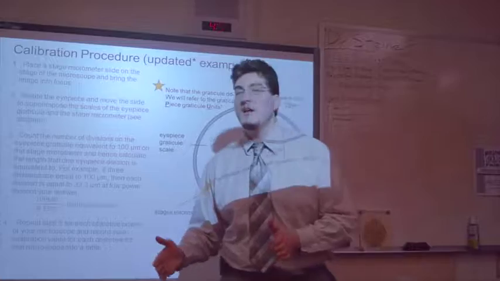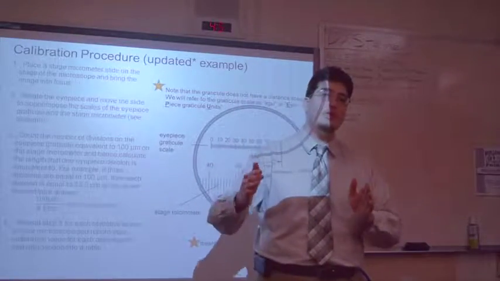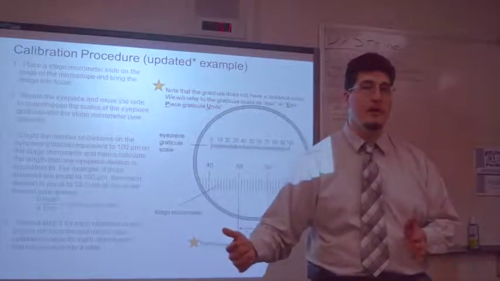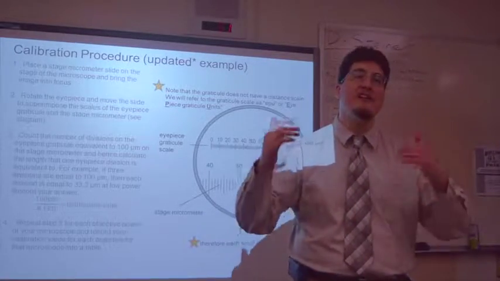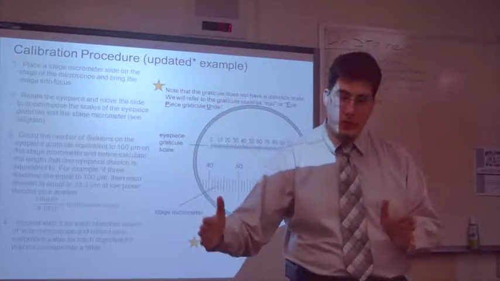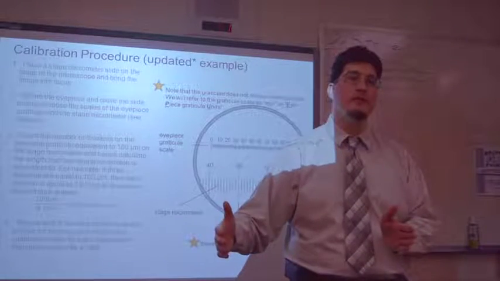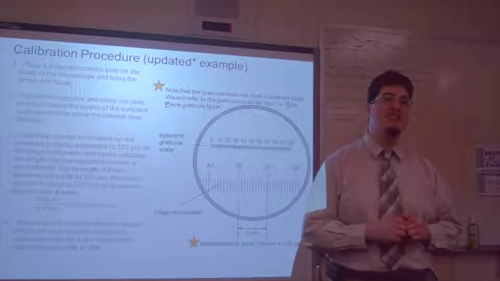And I would find that 1 foot is equivalent to 300 millimeters. I now know how much a foot is. I have calibrated my foot-long ruler. I have now calibrated that piece of equipment.